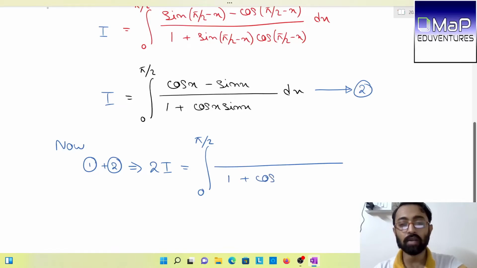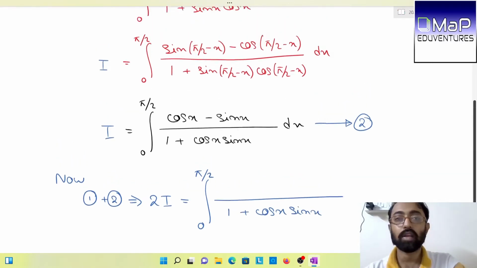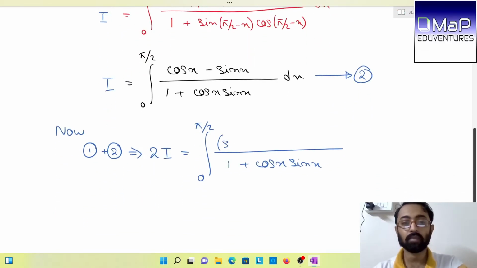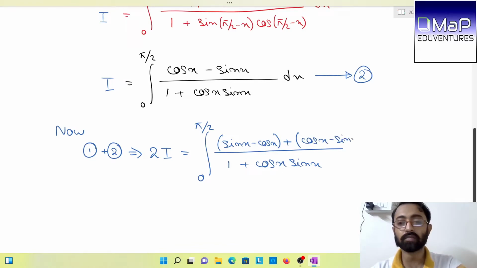So take the denominator 1 plus cos x sin x, and what about the numerator? In the first part we have sin x minus cos x, plus, and in the second part we have cos x minus sin x.